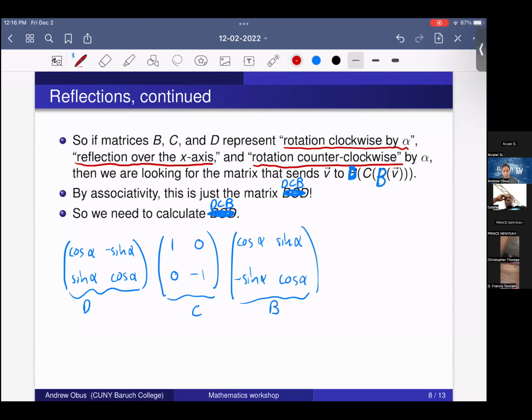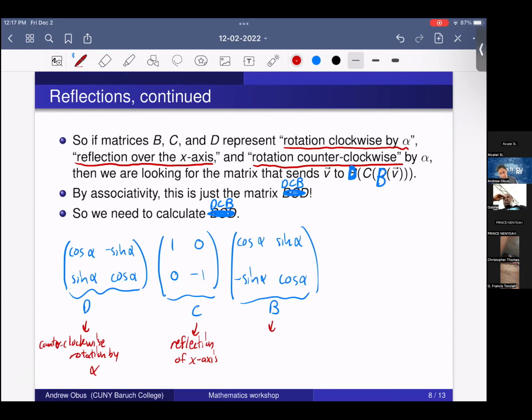Let me just remind you what these matrices all mean. This is clockwise rotation by alpha. This was reflection over the x-axis. Sorry, this was counterclockwise rotation by alpha.